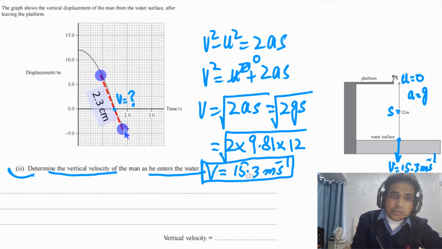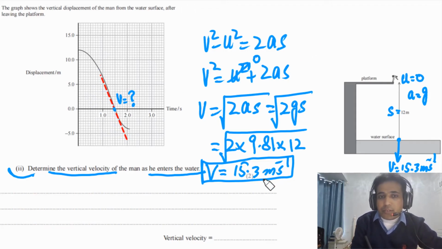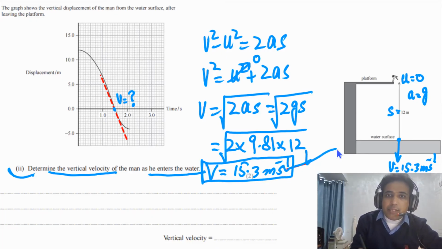That also will be equal to about 15 meters per second. So the answer for this question is 15.3 meters per second. This is our final answer.